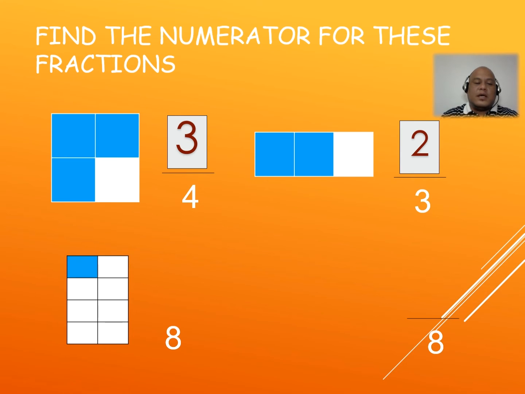Next is rectangle. The rectangle is divided into 8 equal parts. I colored 1 part of this rectangle. So what is the numerator for this fraction? 1. Or we can say 1/8.